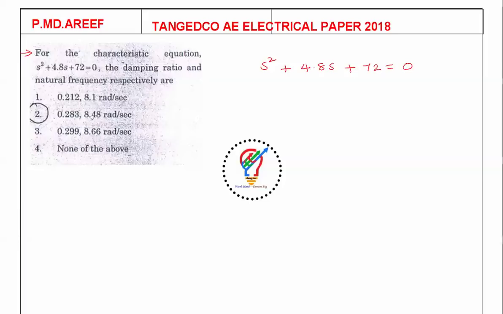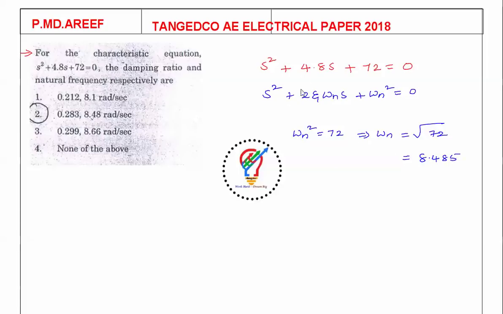So if we compare this equation with the standard second order equation, s square plus 2 zeta omega n s plus omega n square is equal to 0, we can say omega n square is equal to 72. That implies omega n is equal to square root of 72, which is nothing but 8.485 radians per second.